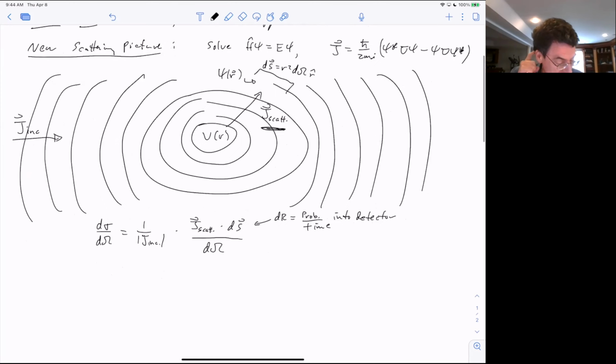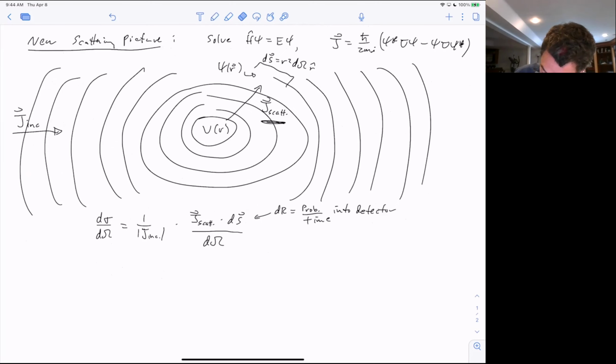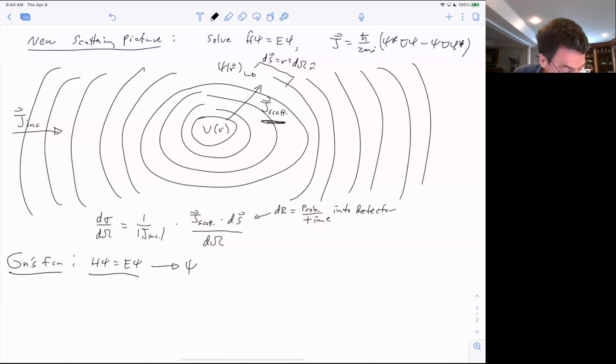So using this, the reason why the Green's function treatment was so useful is that the Green's function allowed us to solve the Schrodinger equation in some general way, and it gave us this solution: the general solution of the Schrodinger equation for a scattering problem, where energy is greater than 0, is an incident wave plus a scattered wave.